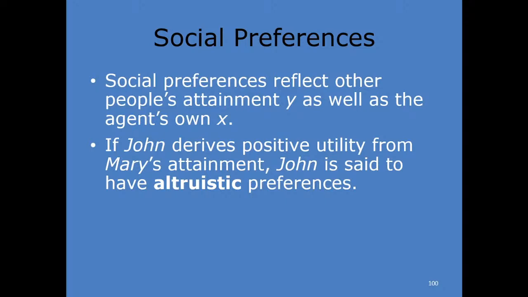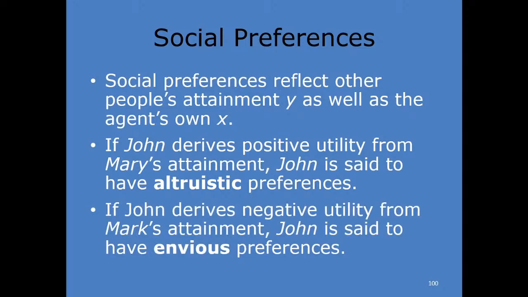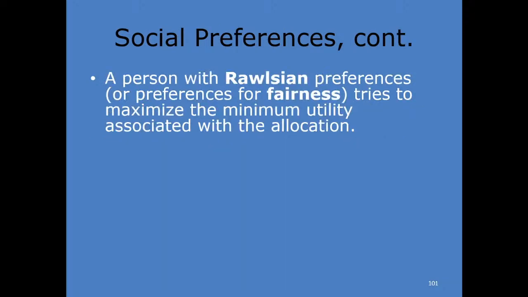You attach positive weight on the payoff of the other player. But it could also be a type of spiteful preference or envious preference when John actually derives negative utility from Mark's attainment, right? So let's say that you're jealous or envious about the higher wage that your colleague is earning. In this case, your social preferences display envy.